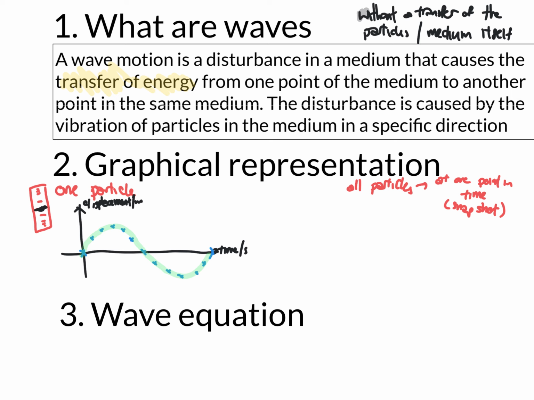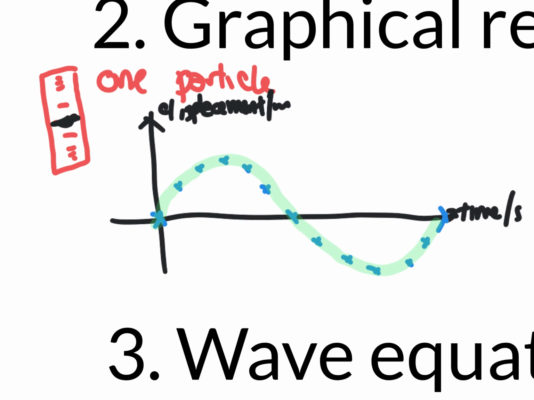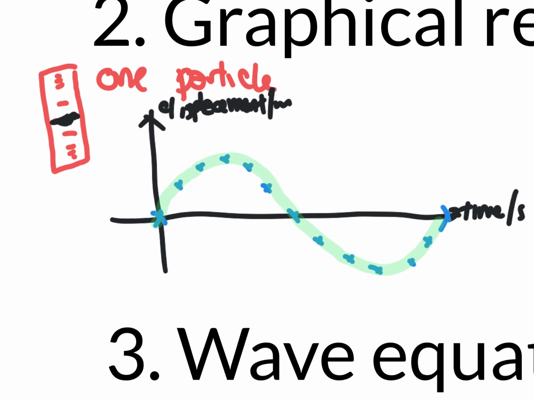We need to know a bit more about these things also, because in this, I can also find my amplitude, which is the maximum displacement from the rest position. It could be from the rest position to my crest, or from my rest position to my trough. So this also could be amplitude.